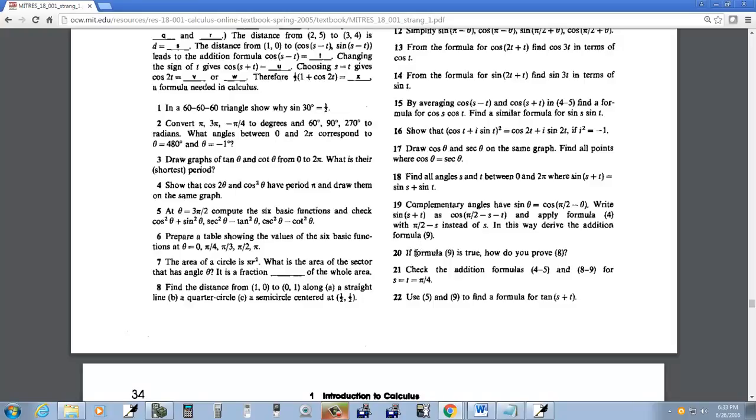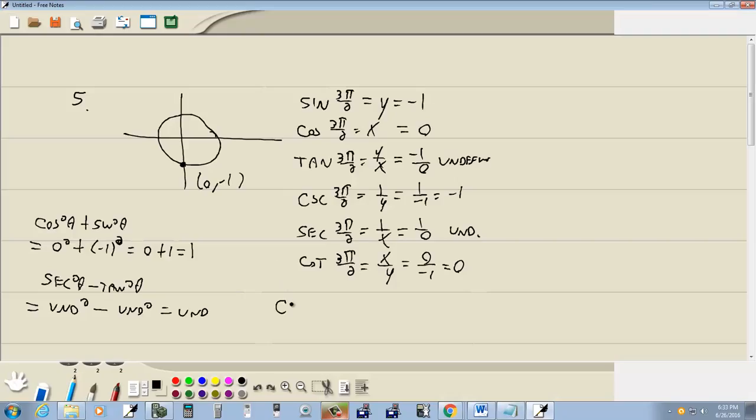And cosecant squared minus cotangent squared. Cosecant is negative 1, so we've got negative 1 squared minus cotangent squared, which is 0, so that gives us 1.